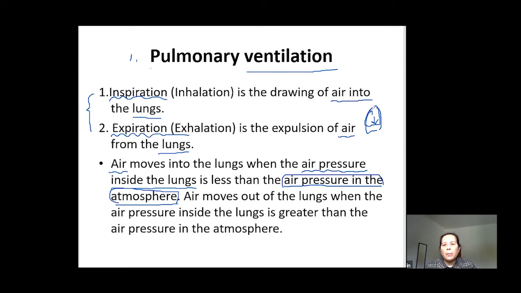The pressure will increase, so the air flows out to the outside of the body. In that way, the air moves to whichever side is lower. So that's our pulmonary or lung regulation.